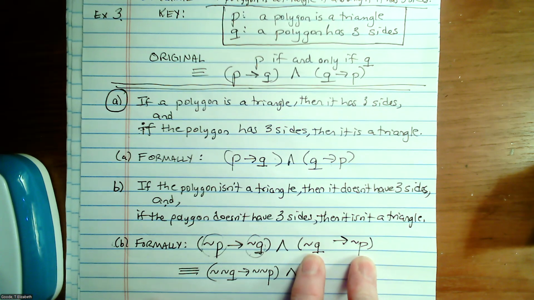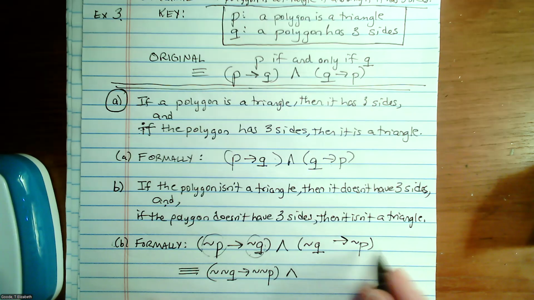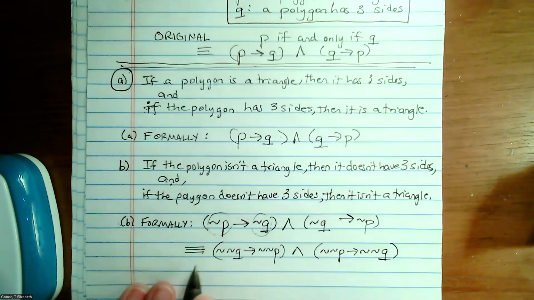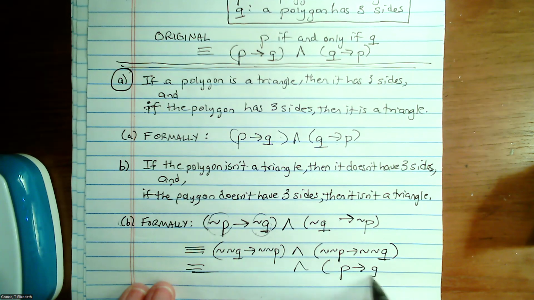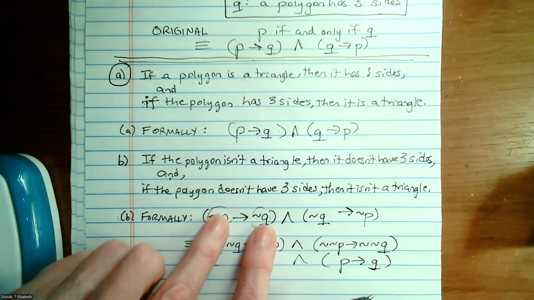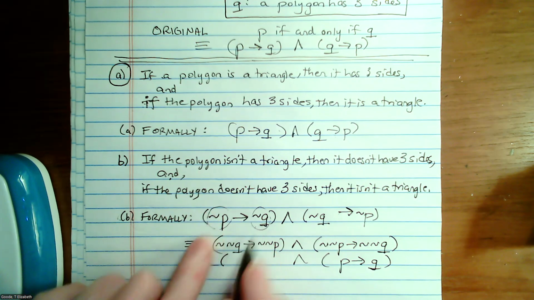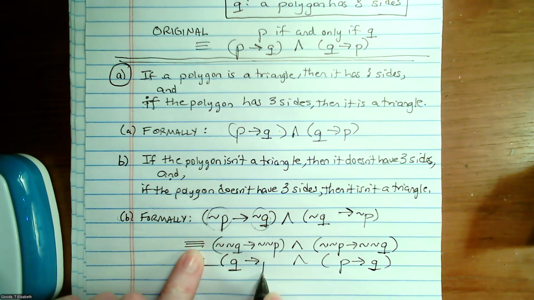And of course, this is the contrapositive of P implies Q. But you can also just go through it. This is not P implies not Q. This becomes P implies Q. We know that because this is the contrapositive of P implies Q. But this has its own contrapositive, which we get by this procedure, and its contrapositive is the converse of the original.